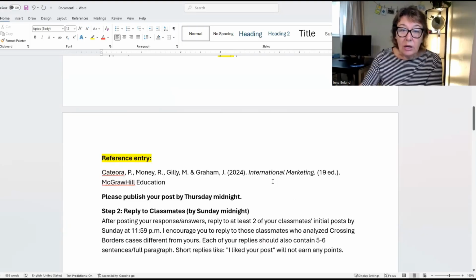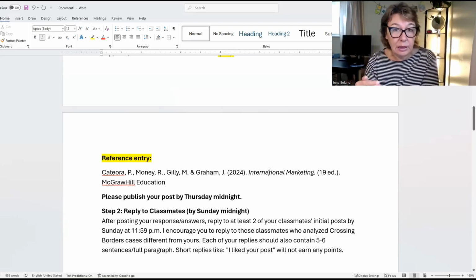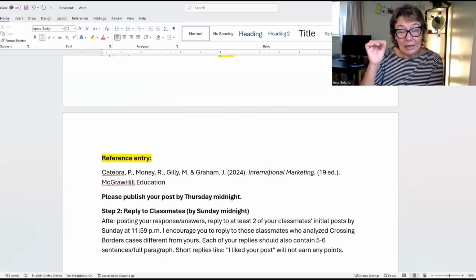Once again, your citation of the source must appear in two places: inside of your text, inside of your post, and at the end, in the references.